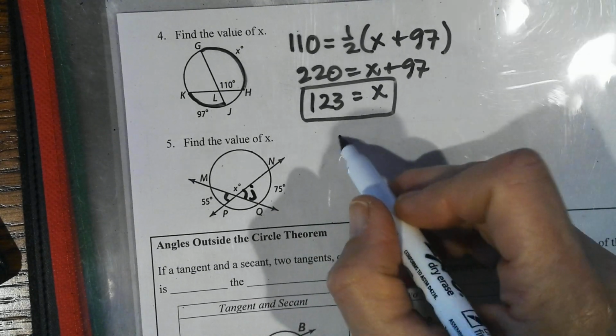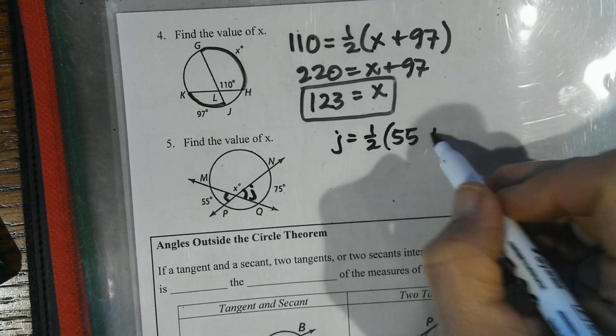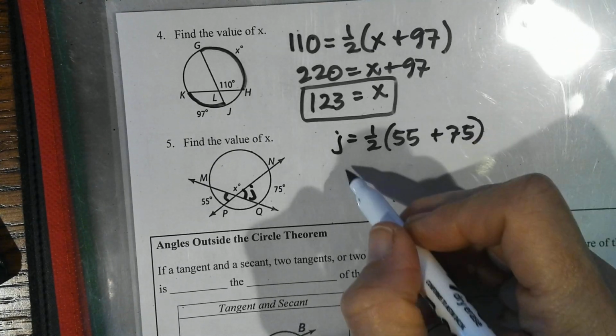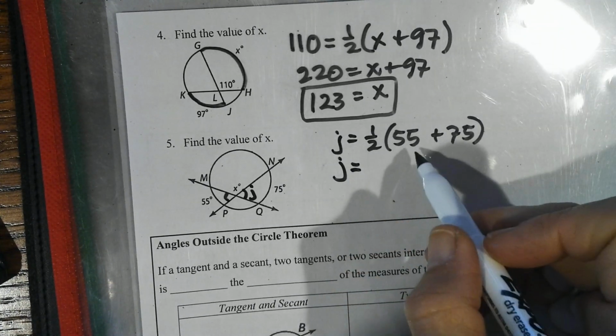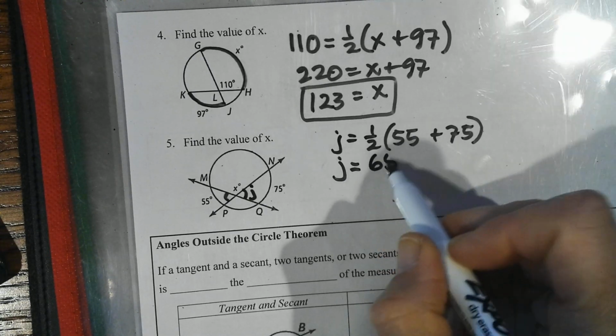I feel like calling it j. So j is equal to 1/2 of 55 plus 75. Okay. So 55 and 75 is 130. Half of 130 is 65.